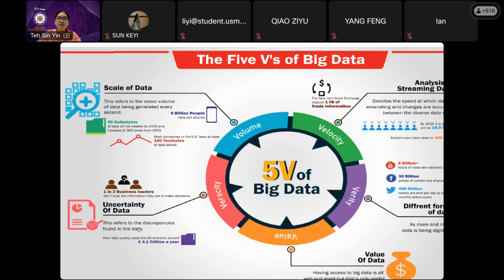This is the veracity of the data. Okay, I think some of you put up the speed of the data, that is the velocity. Accurate and reliable data, that is veracity. Veracity talks about the uncertainty, the accuracy, the reliability of the data.